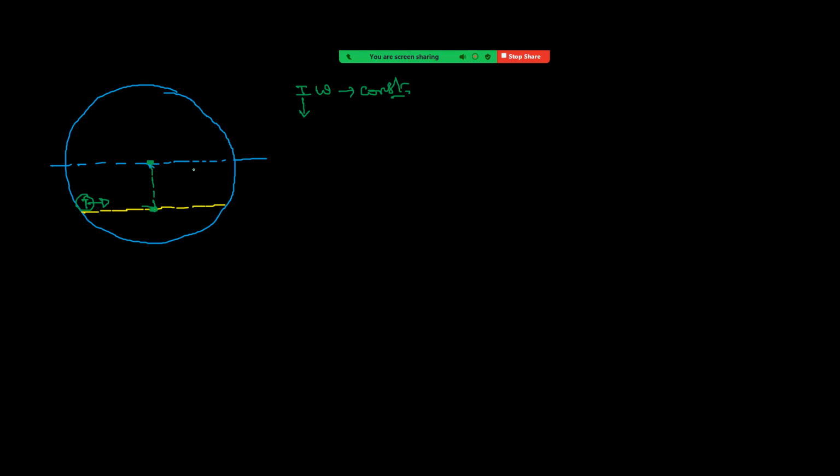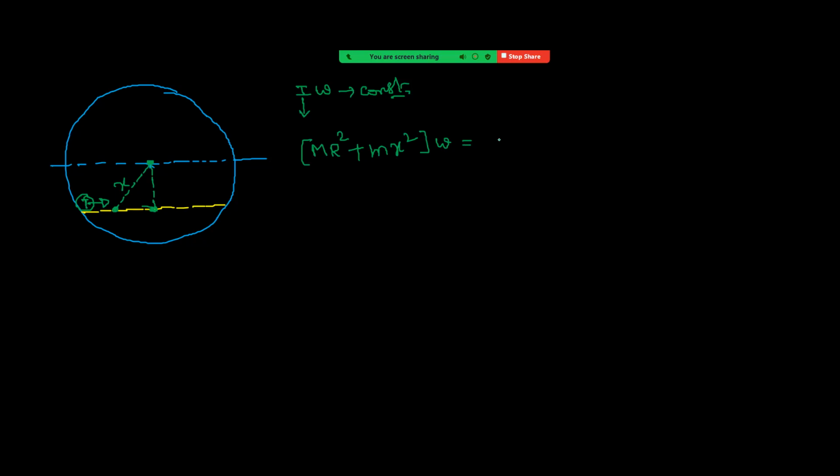Okay. Otherwise, we can say like this. For the disk, the I value is Mr square. For the tortoise, suppose the distance is x. Then it is mx square, right, into omega.